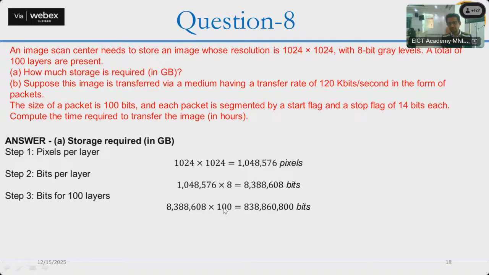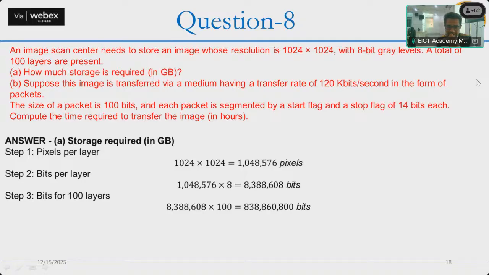So, if it is clear, then please tell how much storage is required in GB. In GB, can you tell how many bits are there?